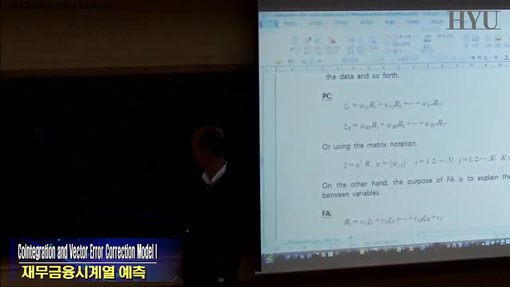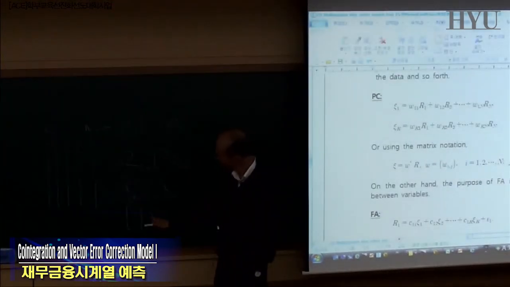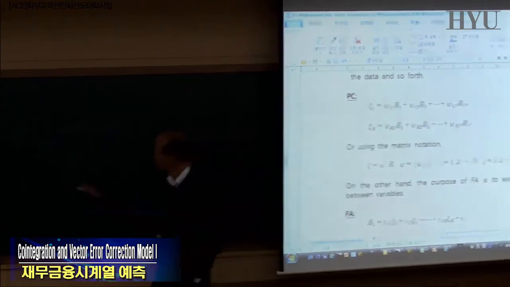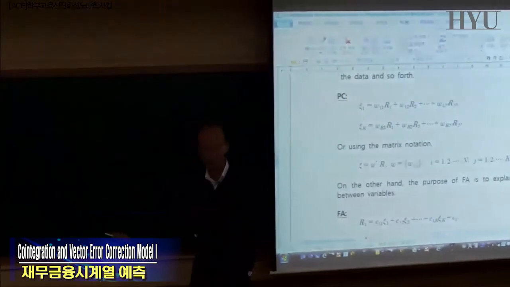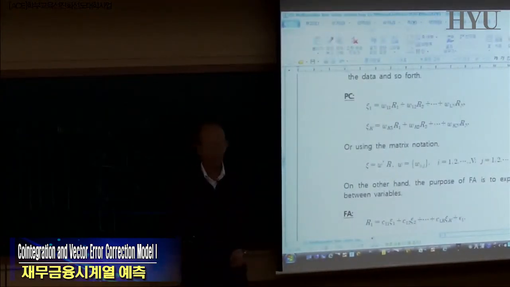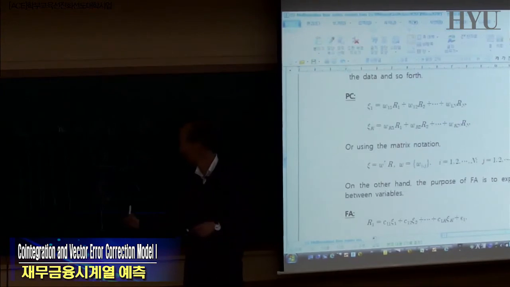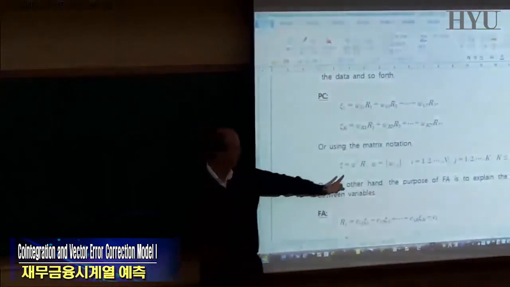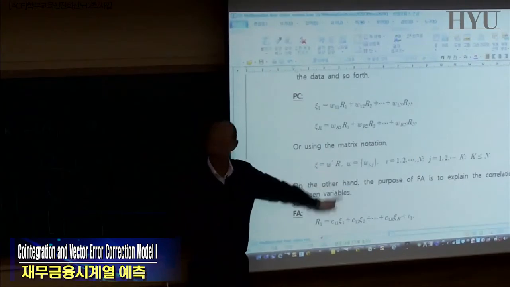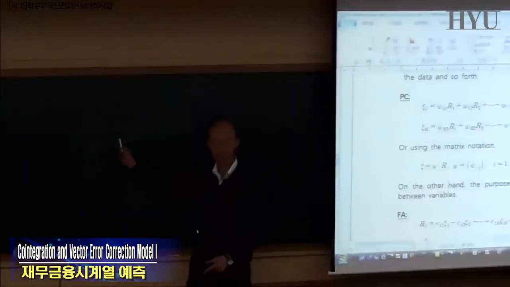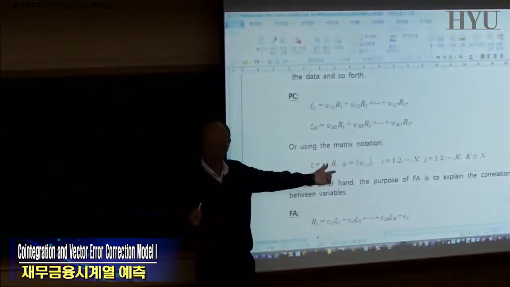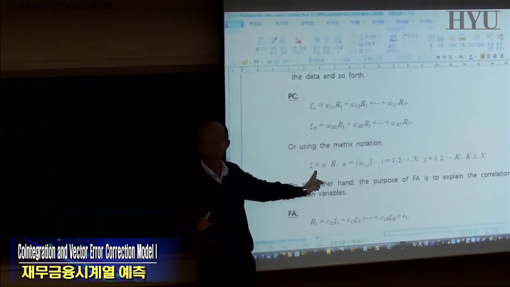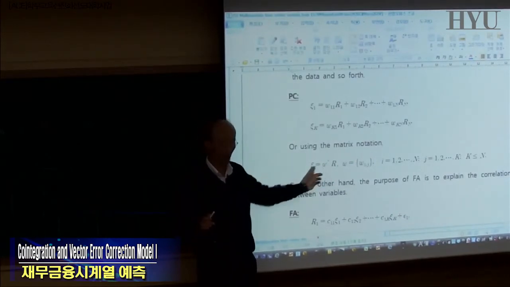To calculate the second principal component, we look at the second eigenvector and multiply this way. In matrix notation, if you form a matrix using this, and R is this, then if you have your dimensions right, you can calculate this right away by matrix operation.